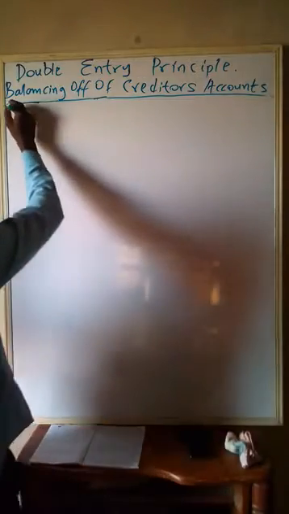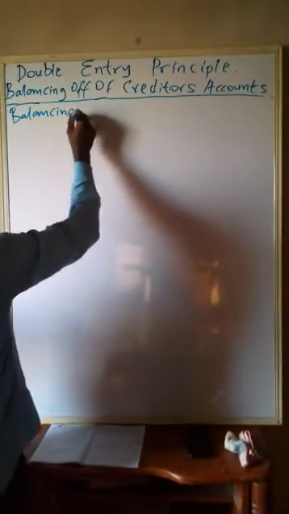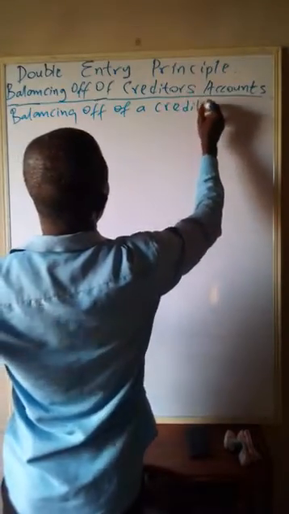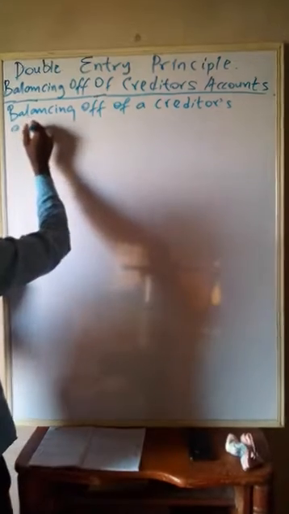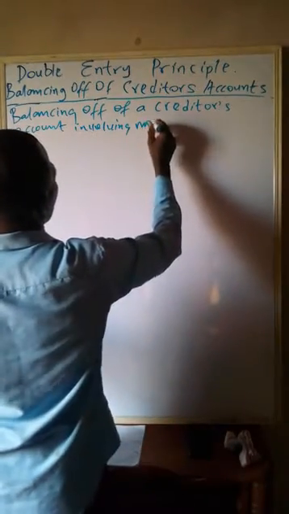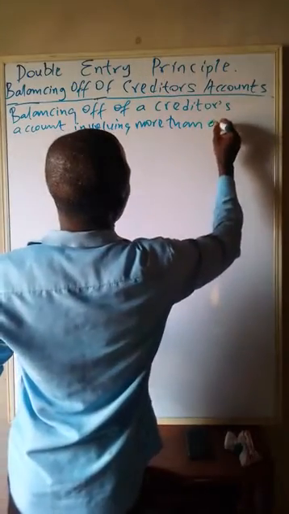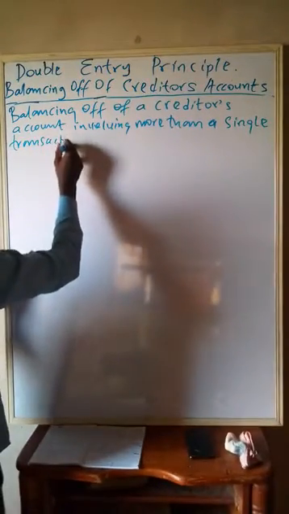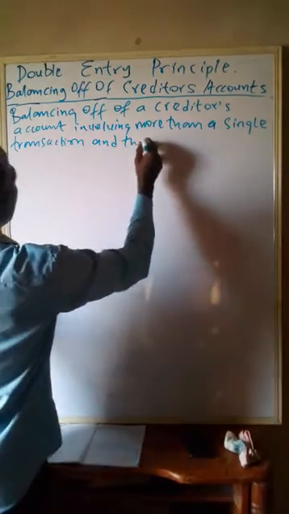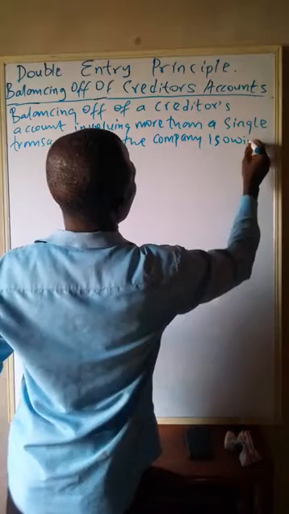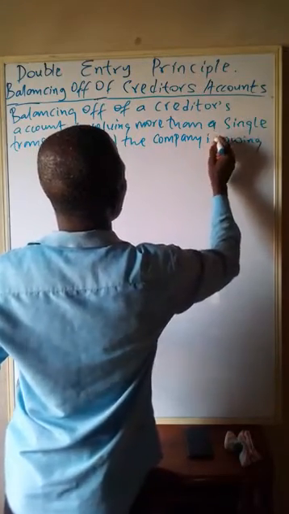So balancing of a creditor's account involving more than a single transaction, and the company is owing.